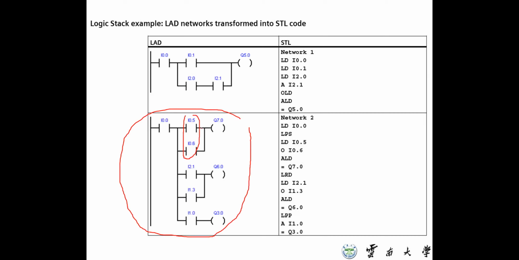Is OR, and the result of this one goes to Q7.0. So I will look at this STL language, and when we do this one, the stack is changed to what?